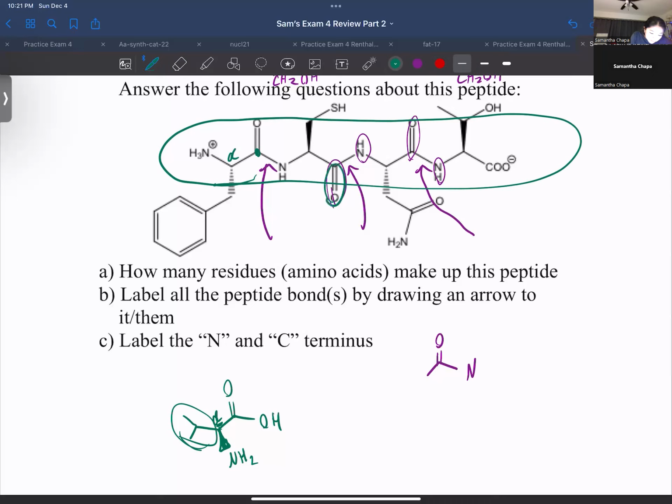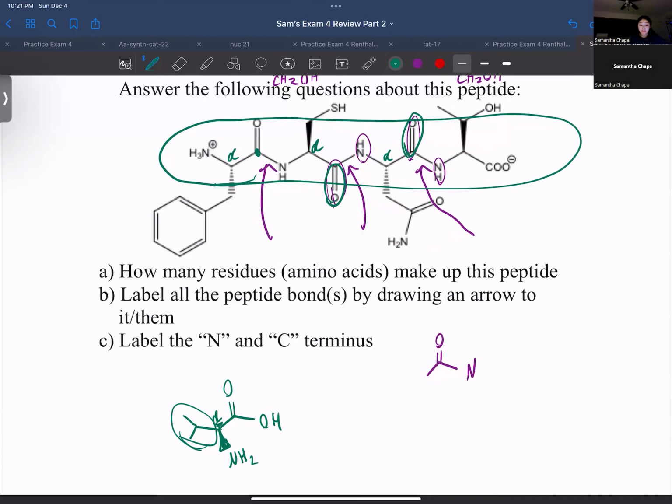Find my carbonyl, carbon next to it is going to be my alpha, so that's another 1. Find my carbonyl, carbon next to it, 1 carbon away is my alpha. And this is not an alpha because this is a side chain. So remember to follow this polypeptide chain right here of only the carbonyls and the nitrogens, and then locate your alpha carbons.